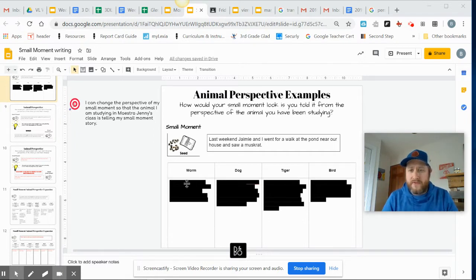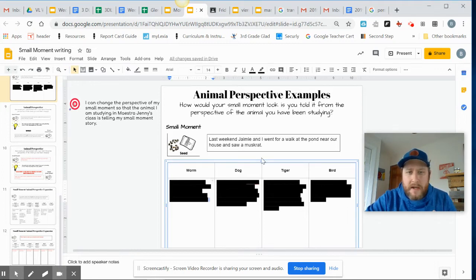What can you use from your research about your animal that you could put into a make believe story? So, we're going to use some real facts that'll help us with our made up stories. So, last weekend, Jamie and I, we don't really have to change much there. If we're thinking about worms, we could be two worms going for a walk.